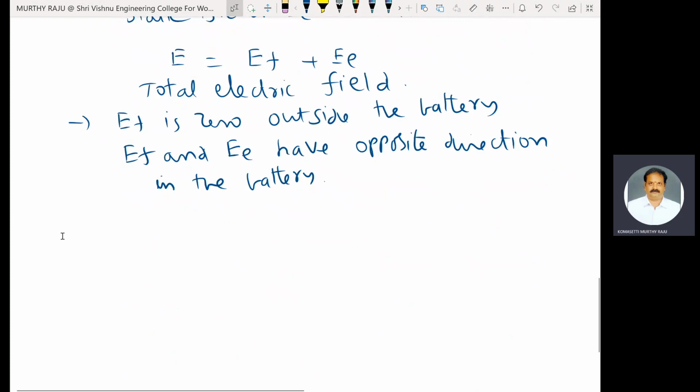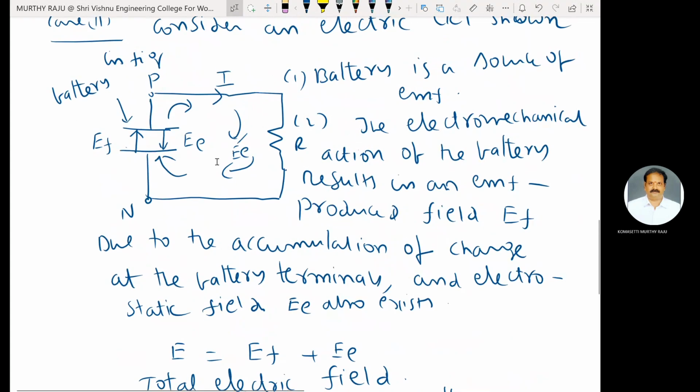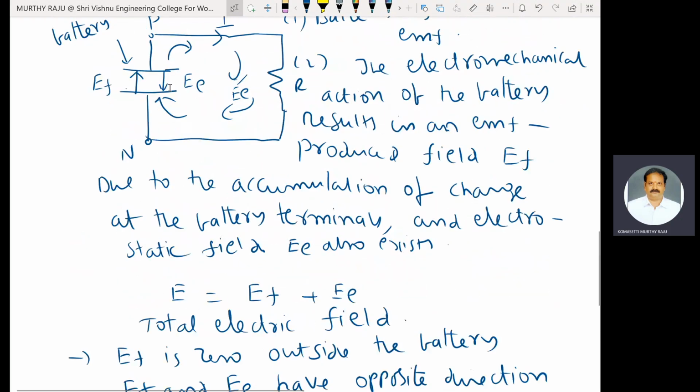Next important point: the direction of E inside the battery is opposite to that outside. E_E is available inside the battery, and E_E is also available outside the battery.